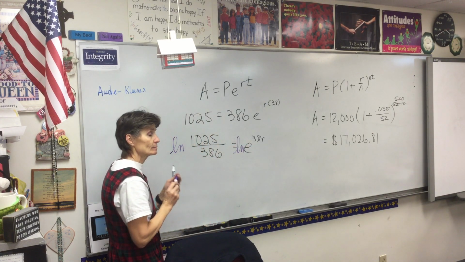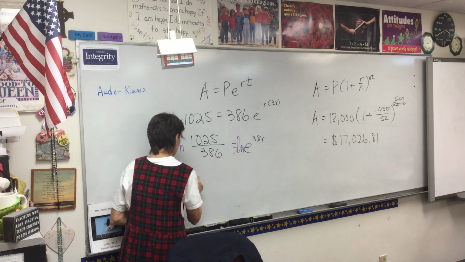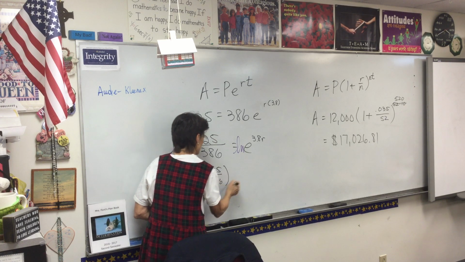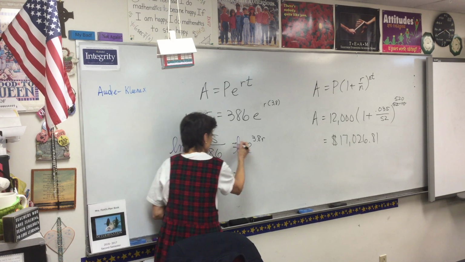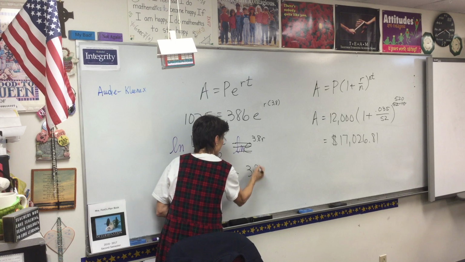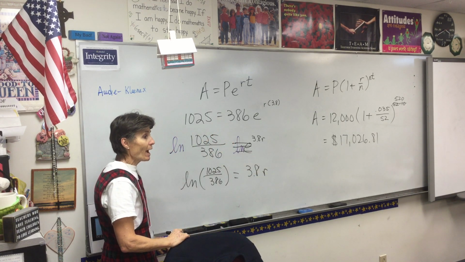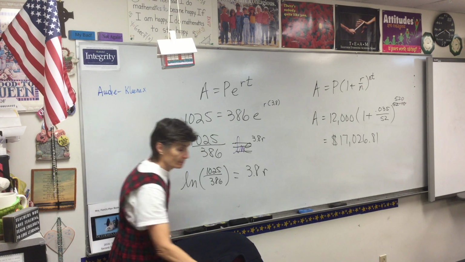Right? So we have ln of this fraction equal to, look over here, 3.8r. So how are you going to get your answer?